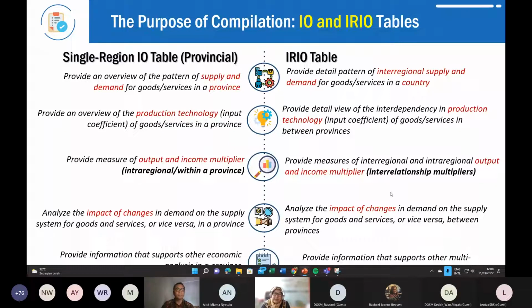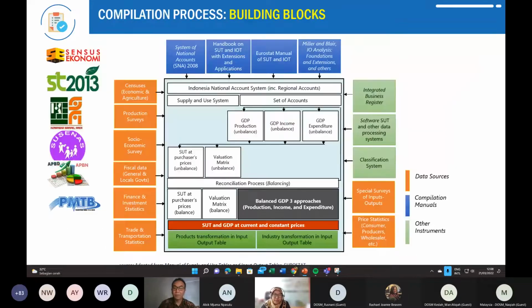And also the government can analyze the impact of changes of demand in a region based on what changes happen in another region.